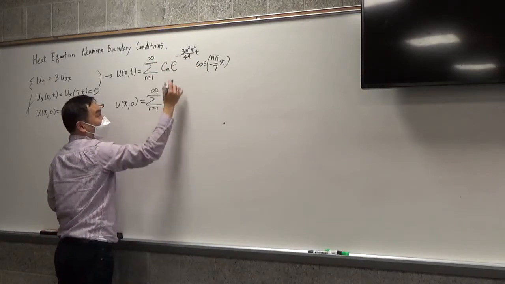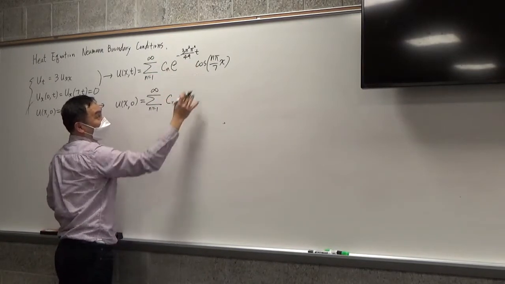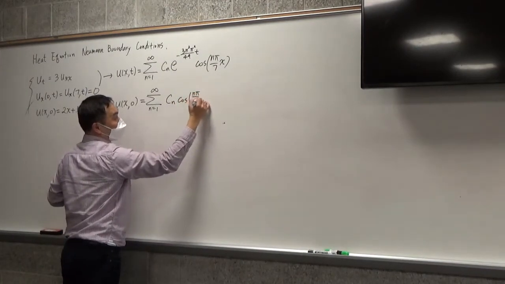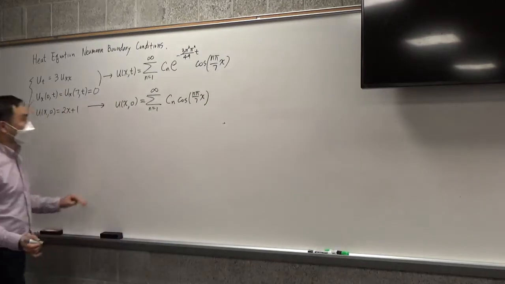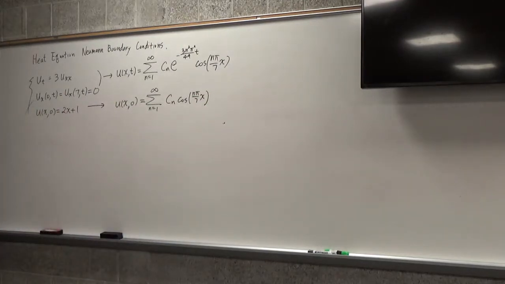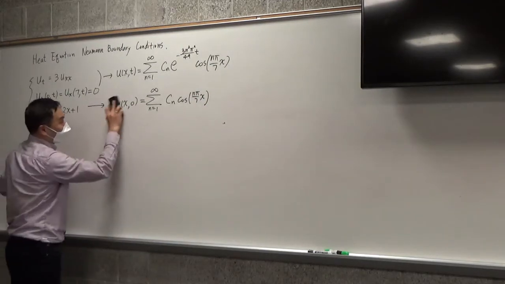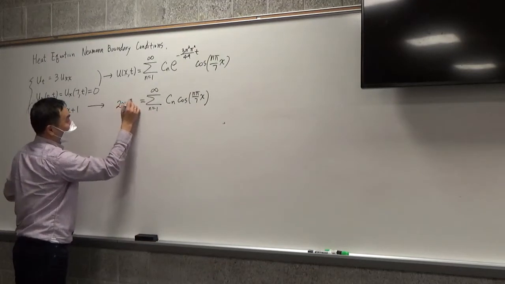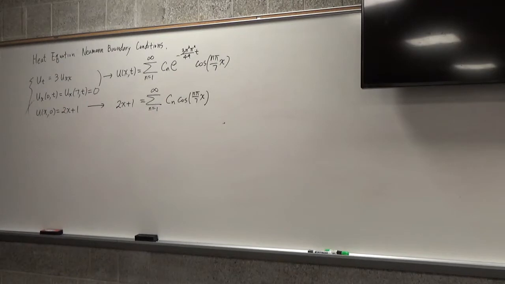E to the 0th power. So that we don't have to write. So you just get cosine(n pi over 7 x). And because u(x,0) is 2x plus 1, you get the following.